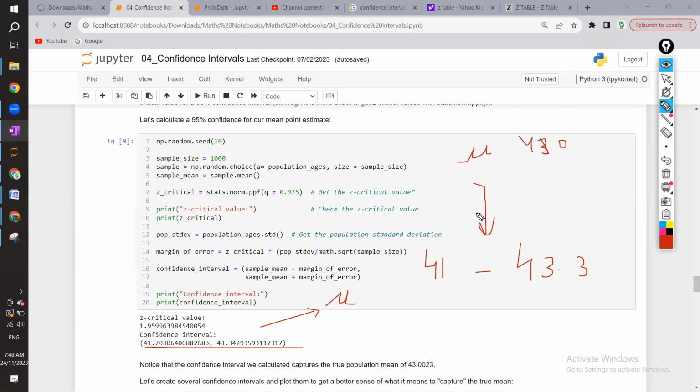Is it clear? Notice that the confidence interval we calculated, this interval captures the true population 43.0. Everybody clear how we can capture the true population?